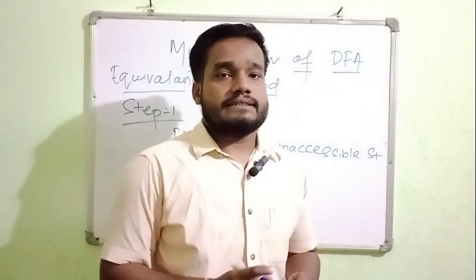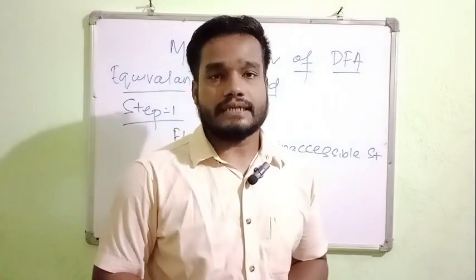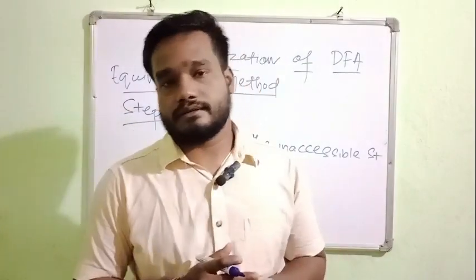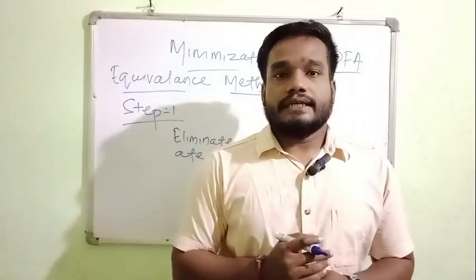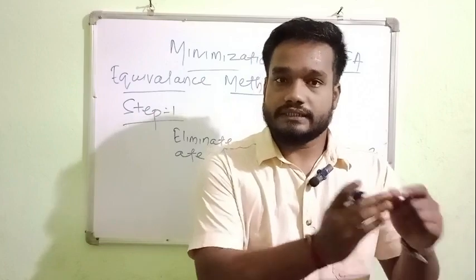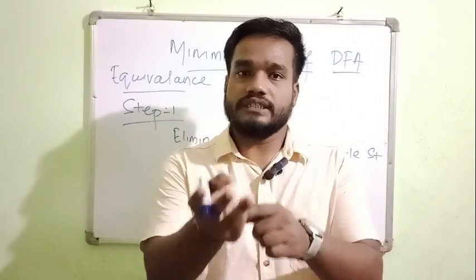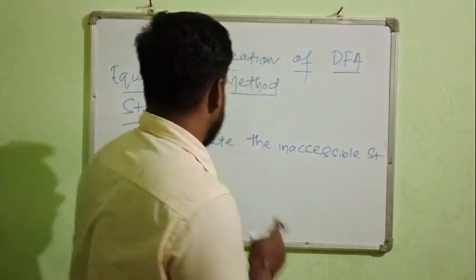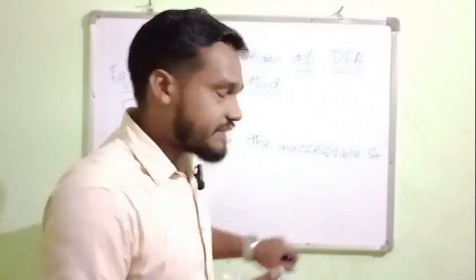We will eliminate the states which are inaccessible from the initial state. Suppose we have 10 states, and two states are not connected directly to the initial state, then in this case we will eliminate these two states. So first step is eliminate the inaccessible states.